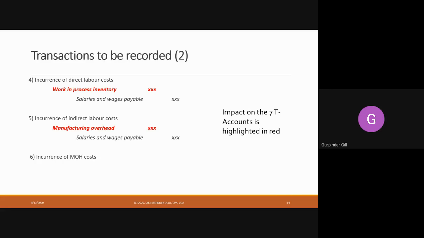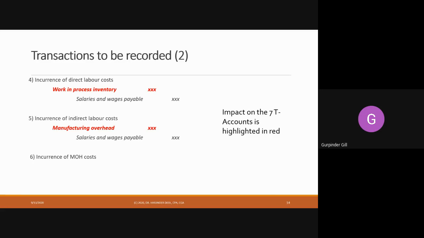Now, when the cost is incurred for your manufacturing overhead account, the actual cost comes into play. Let's bear in mind there are two aspects of your manufacturing overhead cost. One is what you are applying, the other is what is actually incurring.